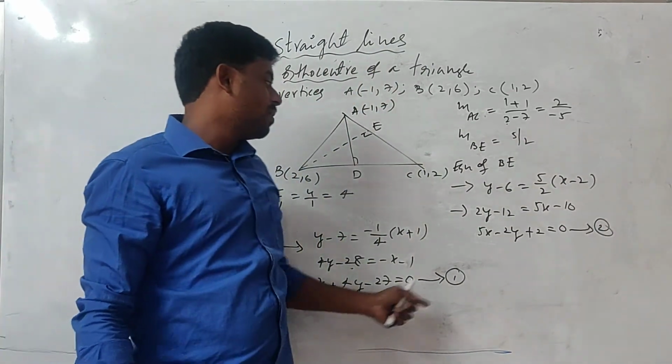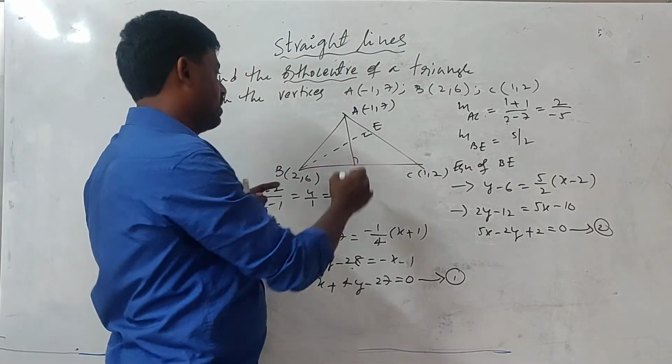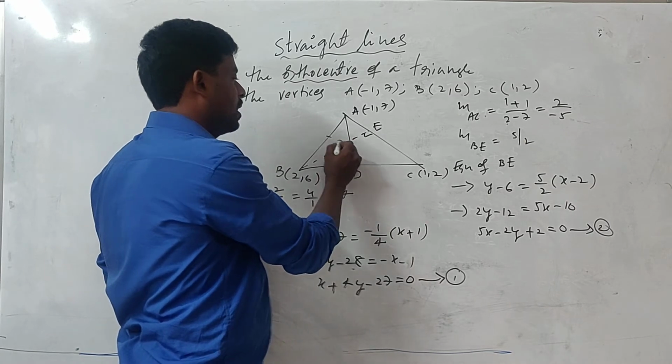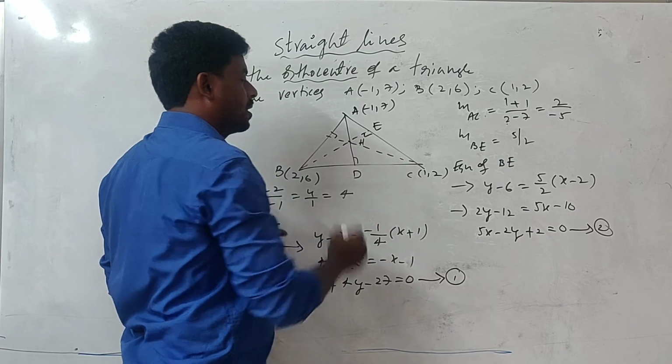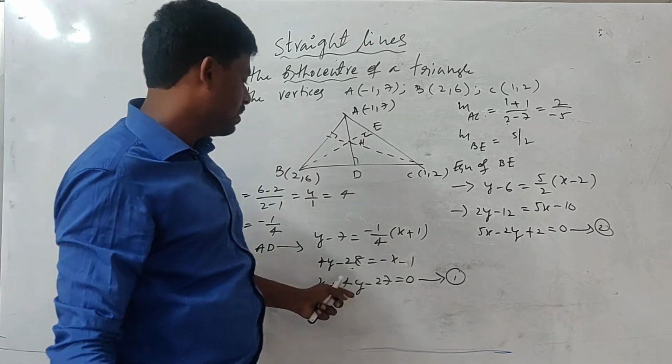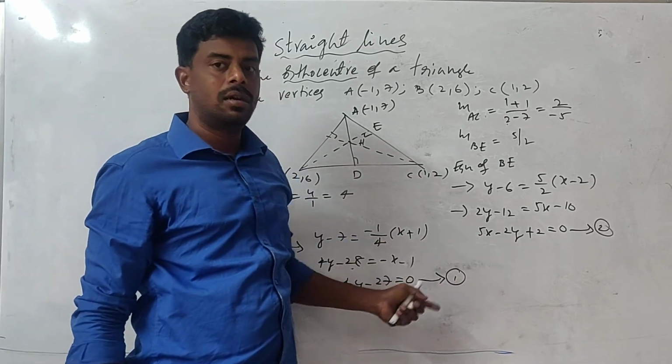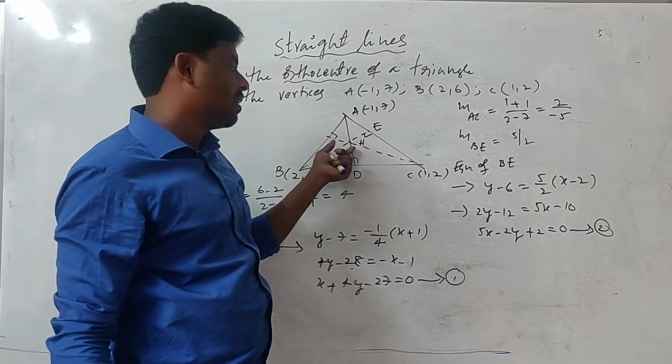By solving equation 1 and equation 2, we will get this point. This is the point of concurrence of altitudes of a triangle, the orthocenter of the triangle.